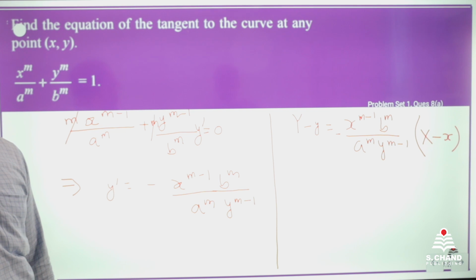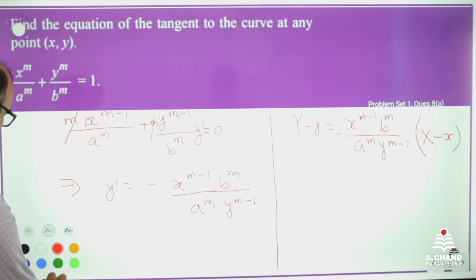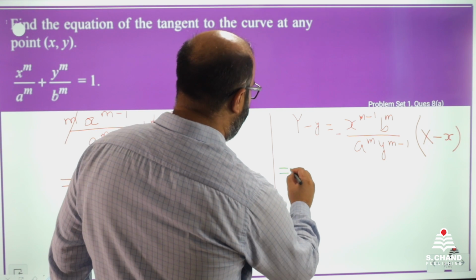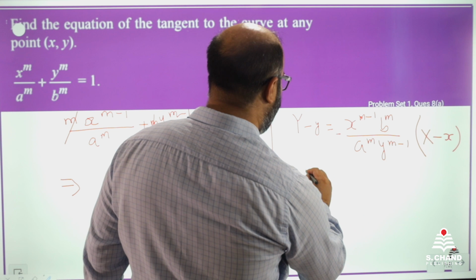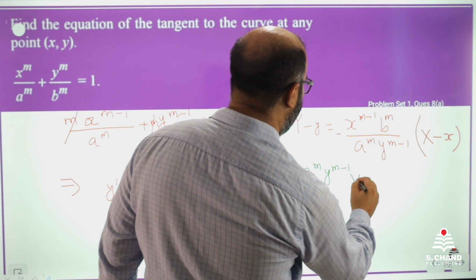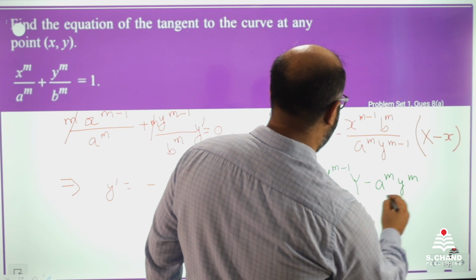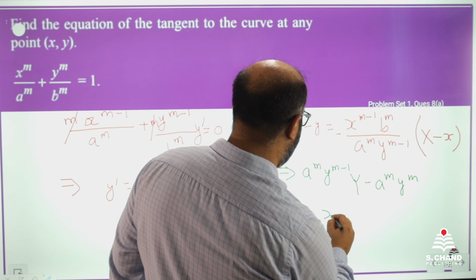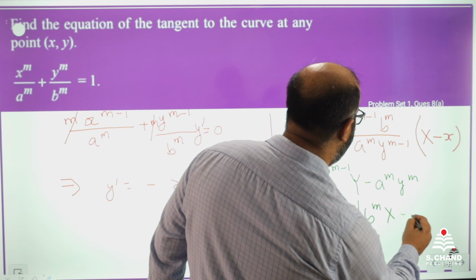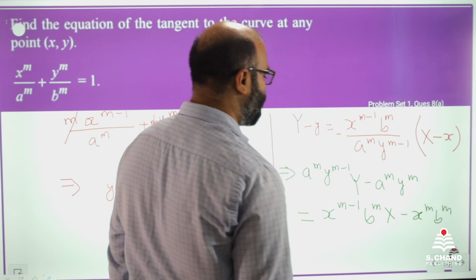When we write the equation of the tangent, we have the next step over here, that we simplify it. So here it will become a to the power m y to the power m minus 1 y minus a to the power m y to the power m is equal to x to the power m minus 1 b to the power m x minus x to the power m b to the power m, like this.